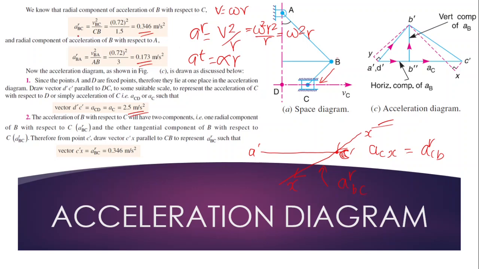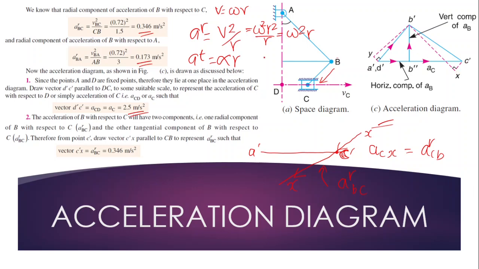Here we represent the radial component of acceleration of B with respect to C, then this one will be the choice. Not this one. So we can select the X at the bottom portion of point C. That means this one is the radial component of acceleration of B with respect to C. That magnitude is also known.